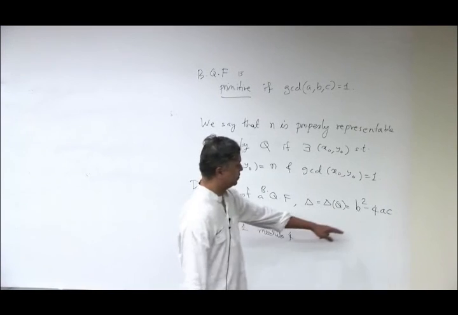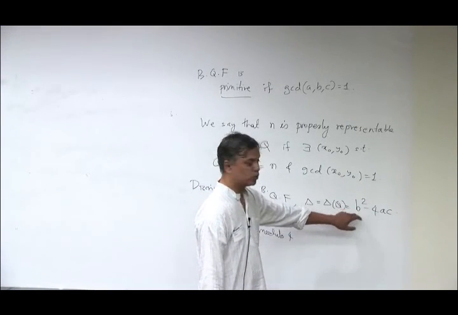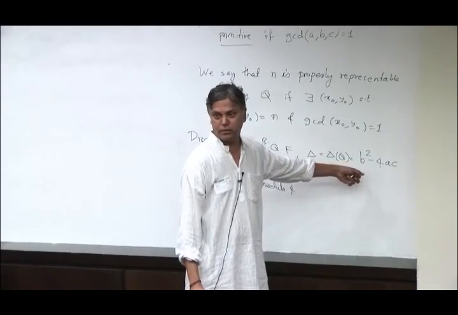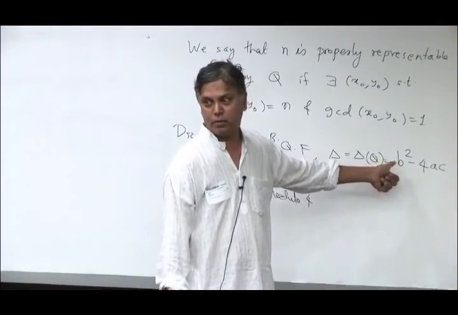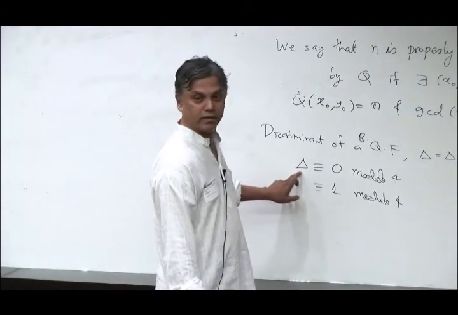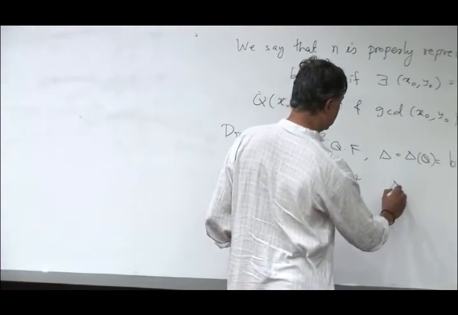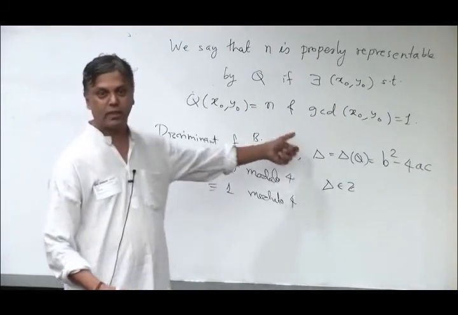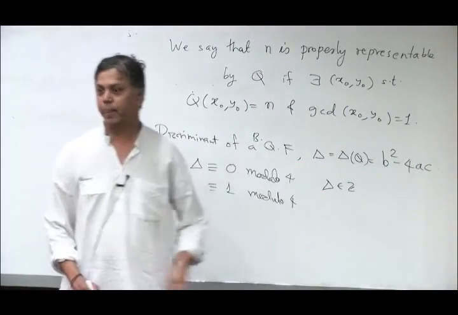This follows because when you take squares, b can be even. If it's even, the square of an even number is divisible by 4. If it's odd, it's going to be 1 mod 4. And then it can be easily checked that any delta which is an integer and satisfies one of the two is the discriminant of some quadratic form.